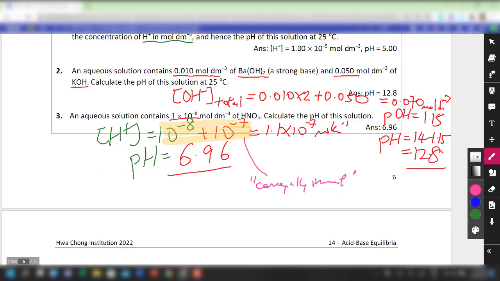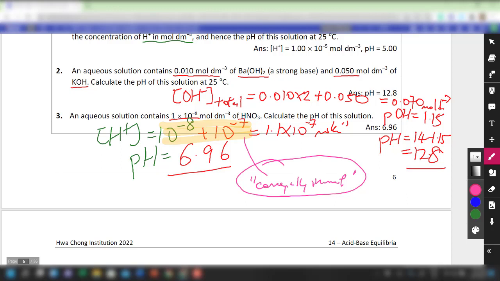But of course, to do that, you need to learn a concept known as the systematic treatment of equilibrium, but that is not in the H2 curriculum, so you don't have to worry about that. So I repeat, whatever we are doing here is just a proxy, because it's conceptually incorrect to consider the two systems independently, because whatever H plus is in the system will affect one another.